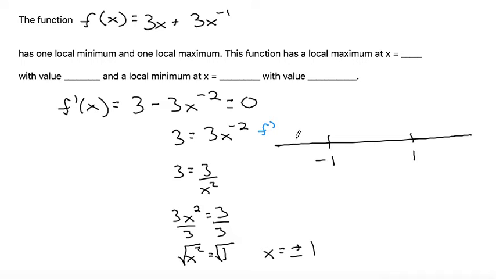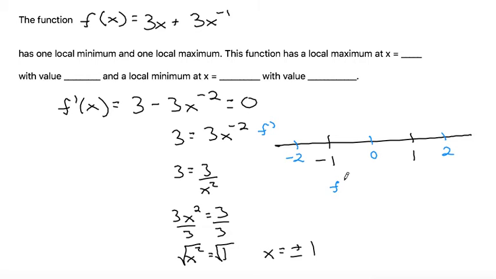So let's pick a number to the left of negative 1, which is negative 2, and then 0 would be in the middle. To the right of 1 would be positive 2. So these will be our test points to find what the derivative is doing in the regions that are not at our critical points.